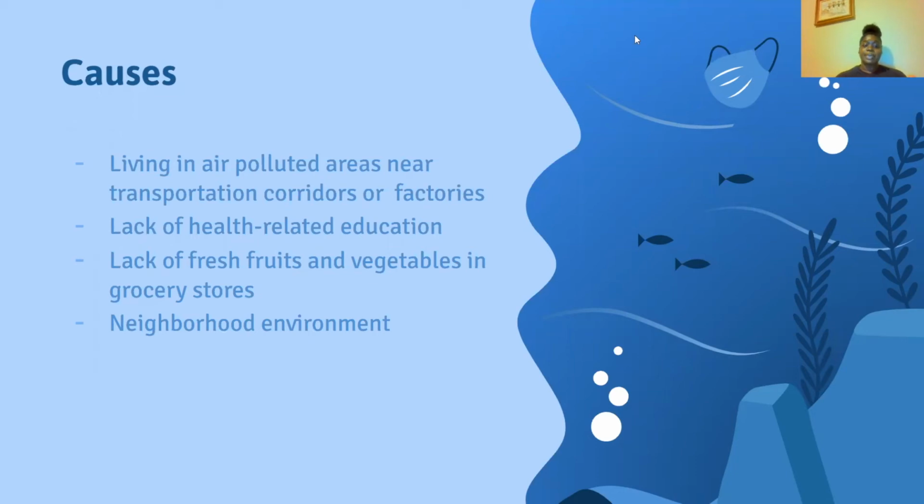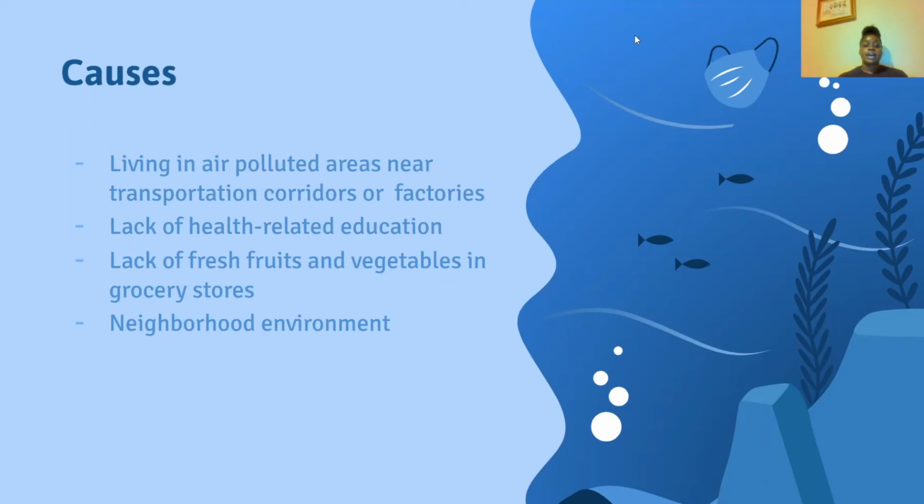Another example would be a lack of health-related education, which can lead to diseases and illnesses. Another factor would be a lack of fresh fruits and vegetables in grocery stores, or the lack of accessibility to those grocery stores, which can lead to health issues and diseases.